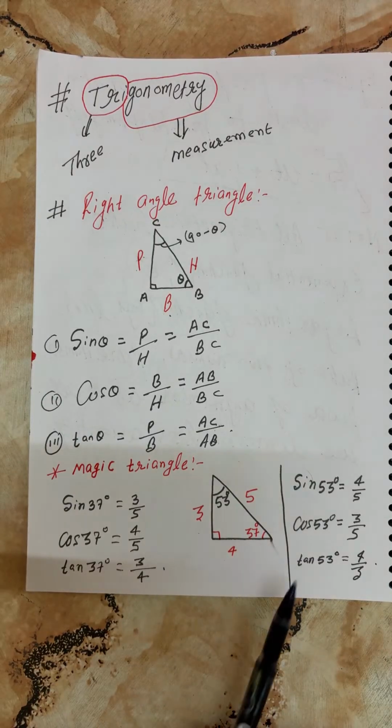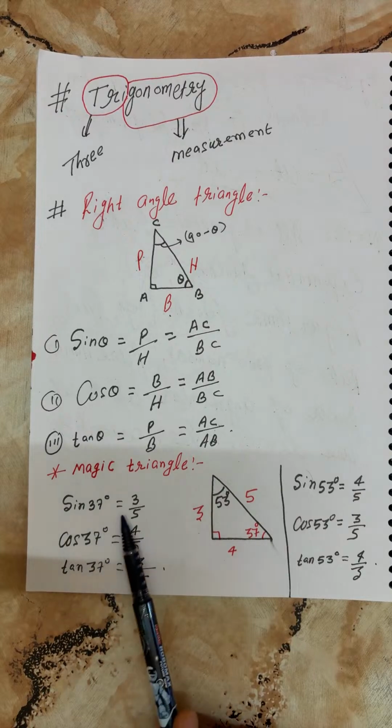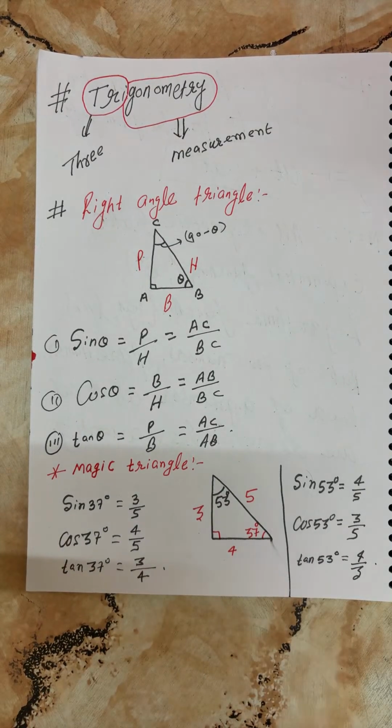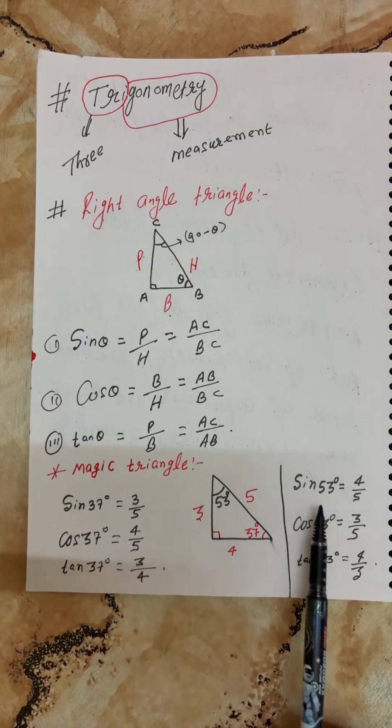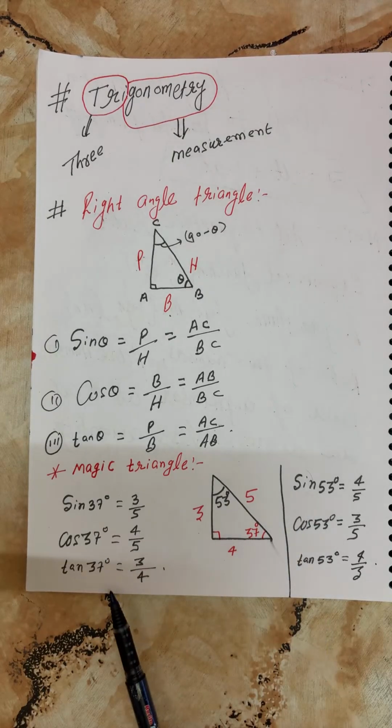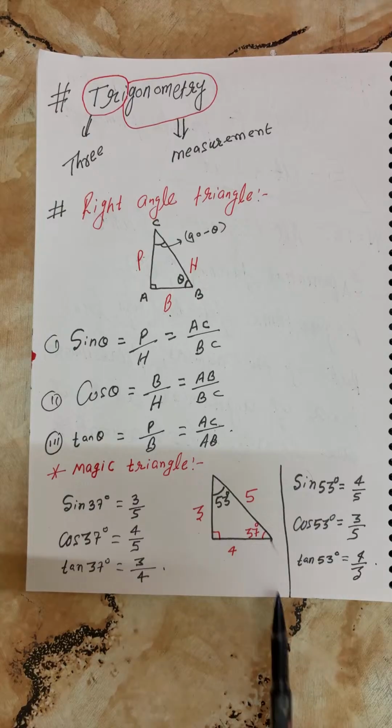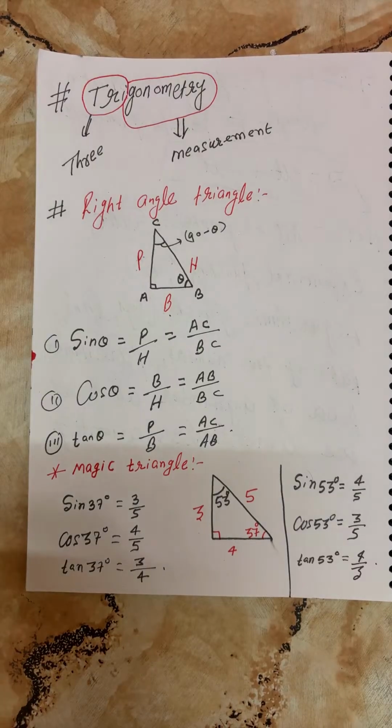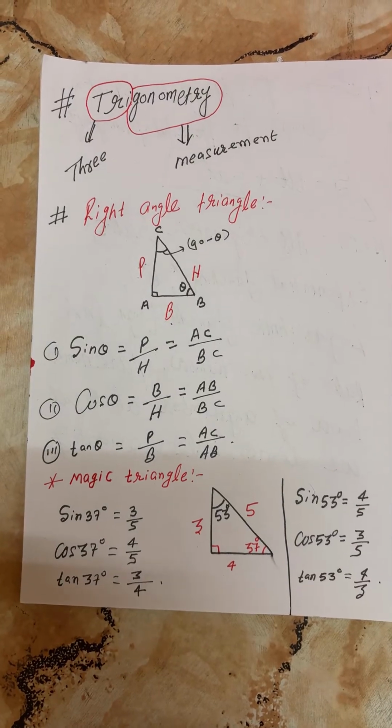You can just connect here: sin 37 equals cos 53, because cos 37 equals sin 53, and in tan, beta, just do the opposite of each other. This is the way which will help you to understand any topics, right? Okay.